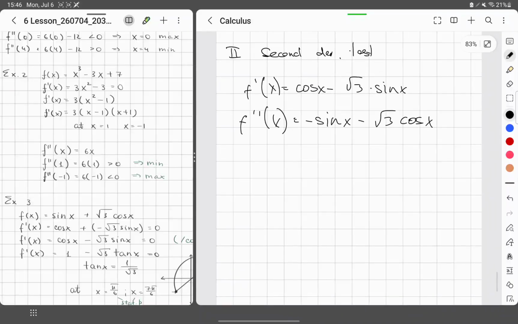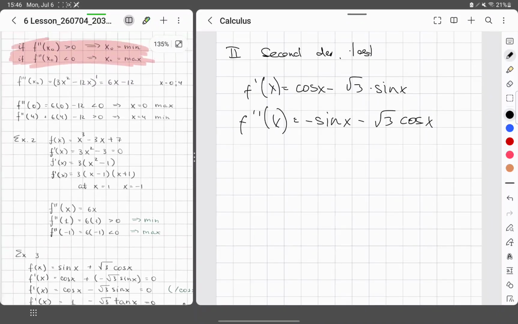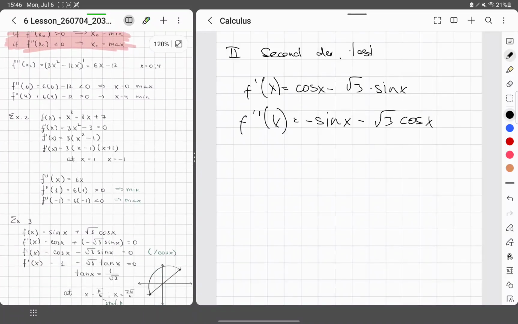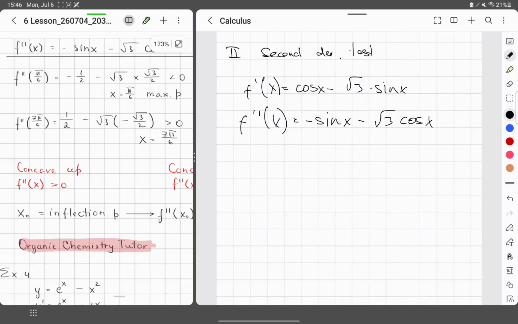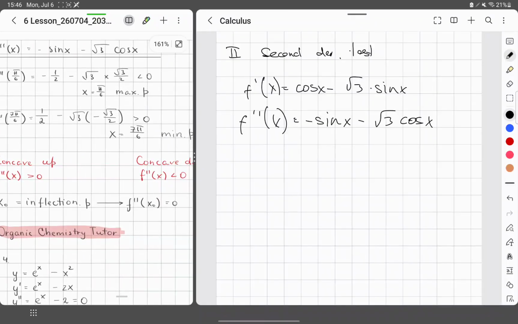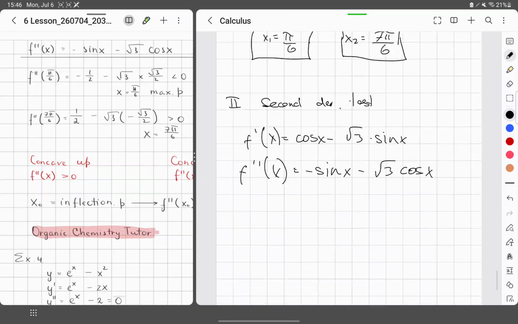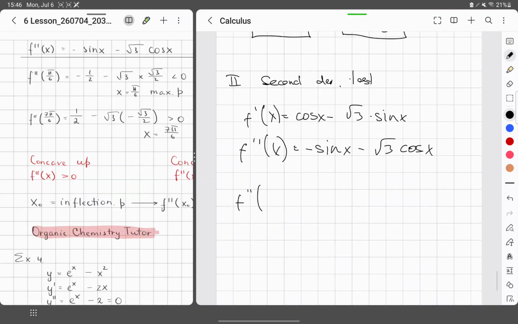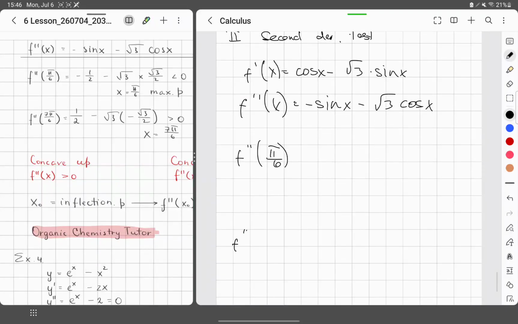Okay, and I hope that is right. Let me see, where is the second derivative? Yeah, is that true? Negative sine, yes. So we will plug them. Firstly, we will plug pi over 6, and then we will plug 7 pi over 6.